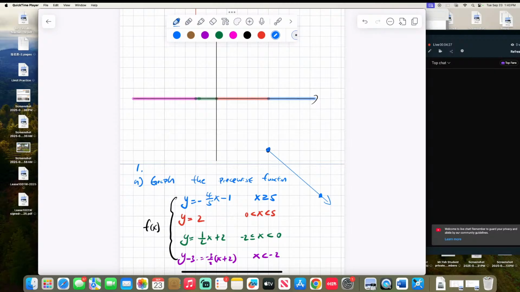Any question about this part? Because I don't graph anything before 5. I start graphing at 5 because this is what the blue region tells me, from here to here. Is that okay? Am I going too fast? What do you call that? Restriction, domain restriction. Yeah, down 4, right 5. We start from the -1.